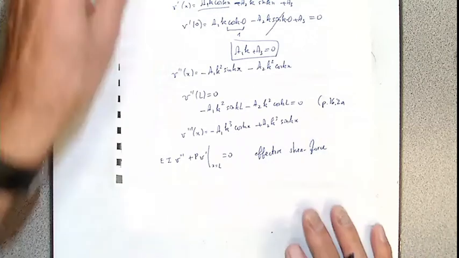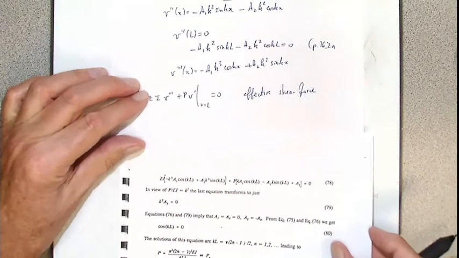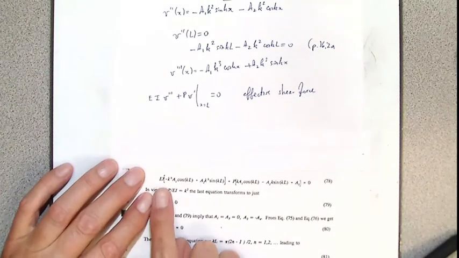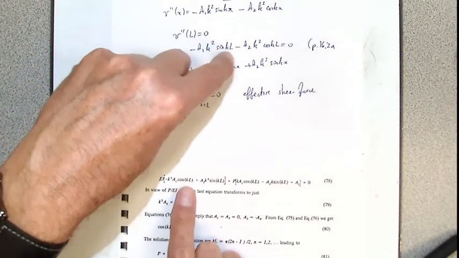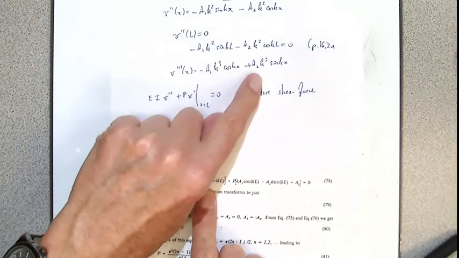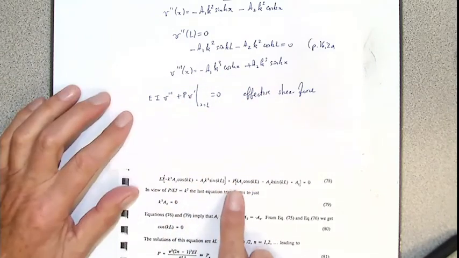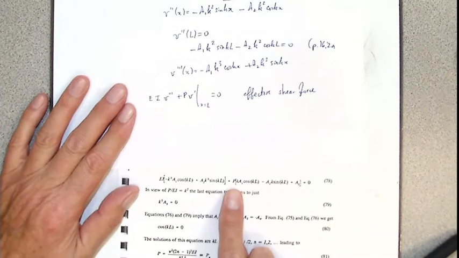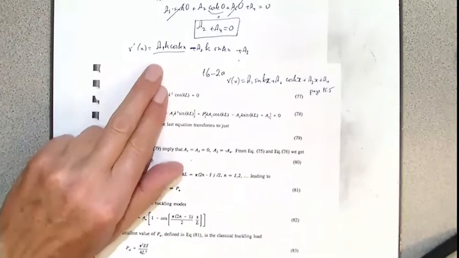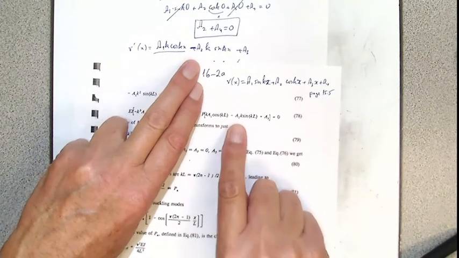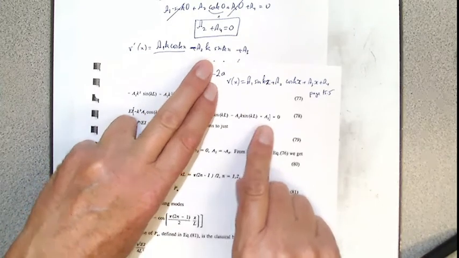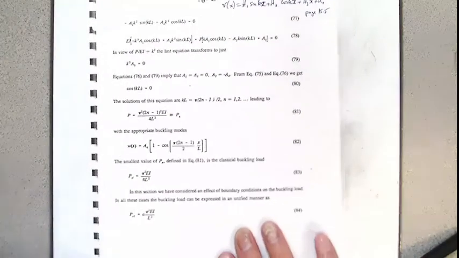So then we get this expression: EI, and this one, minus k cubed a1 cosine kl, plus a2 k cubed sine kl, plus P times first derivative. First derivative is given here: k a1 cosine kl minus a2 k sine kl plus a3. So everything is correct.